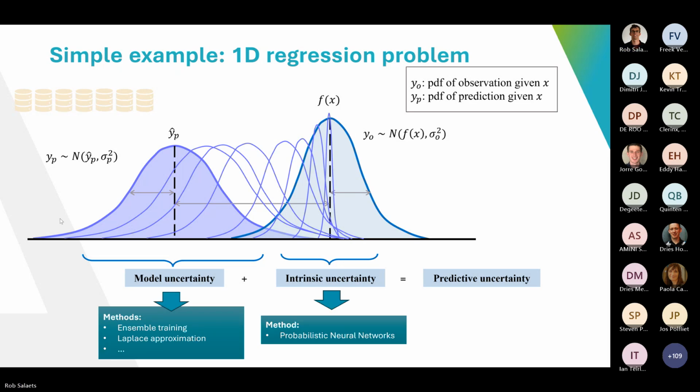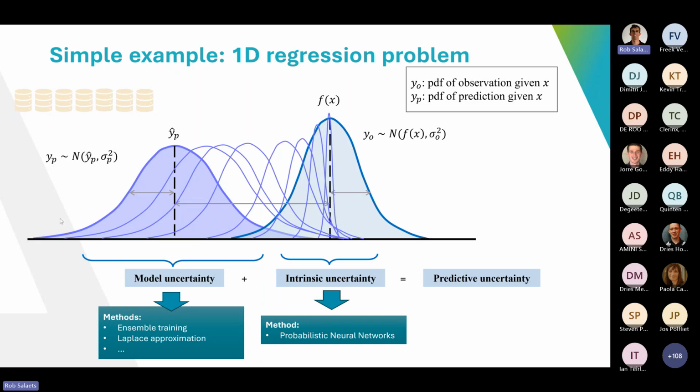And then why am I telling you all this? Well, we can actually quantify the width of these two distributions, so the model uncertainty and intrinsic uncertainty, with some methods. For model uncertainties, for example, ensemble training or the Laplace approximation, but there are many more.